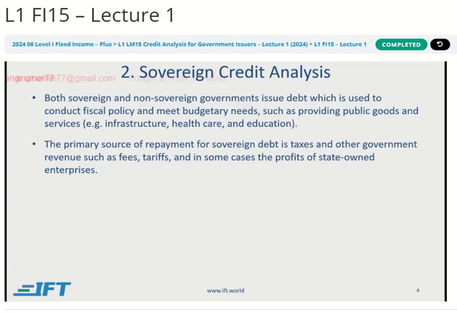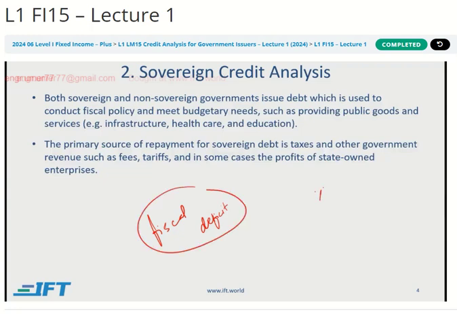So how does one go about doing it? Before we get into the credit analysis, let's have a look at why they need to borrow money. There is something known as a fiscal deficit, right? And what is that? That is a government spending more money than it is raising in tax.